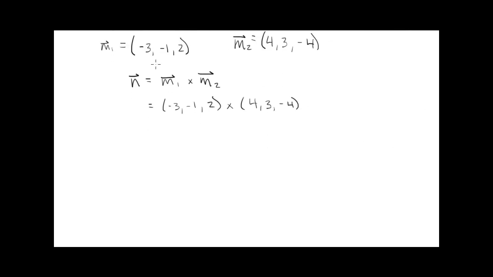So how do we get the normal vector? Well, the normal vector, or a normal vector, is just the cross product. Right? Cross product is a vector perpendicular to the plane. So all I need to do is cross these 2 vectors, (-3, -1, 2) cross (4, 3, -4). So cross product, just use the cross product formula.